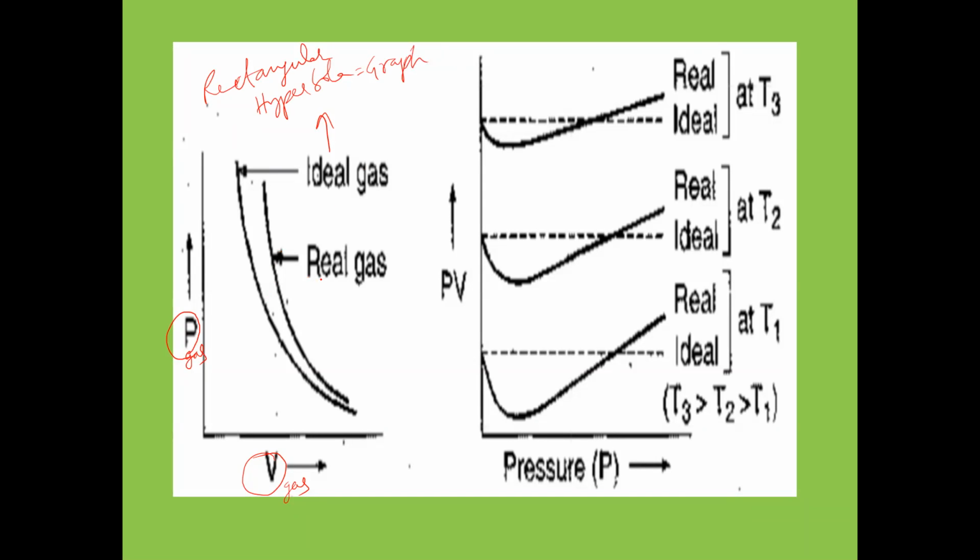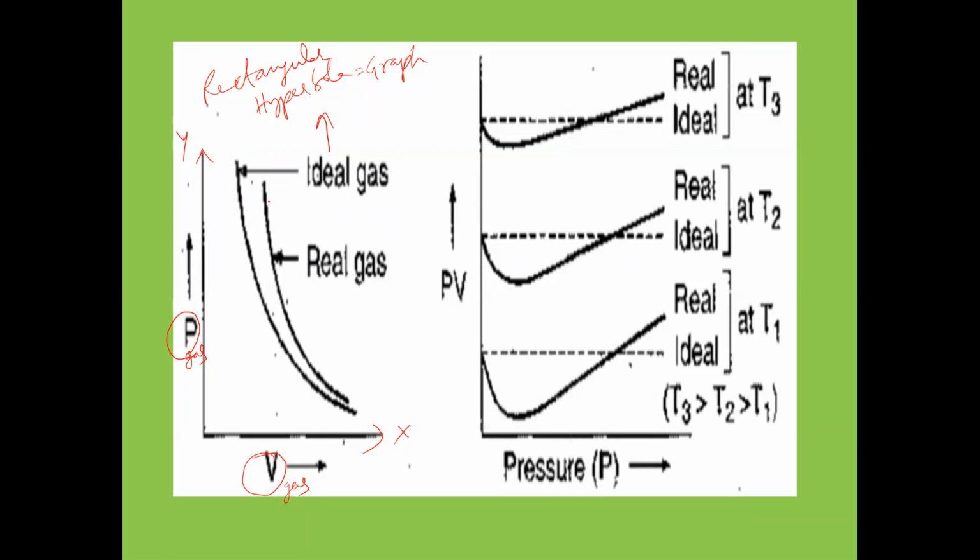If you take real gas, for the real gases, it will be like this. Which axis is this? It is the x axis. On the y axis, pressure is taken. The line closer to the y axis, you take as ideal gas. The curve which is away from the y axis, you take for real gases.